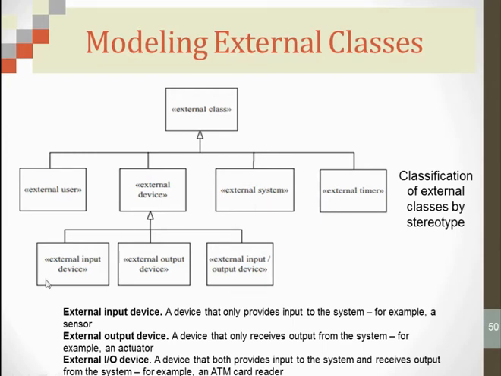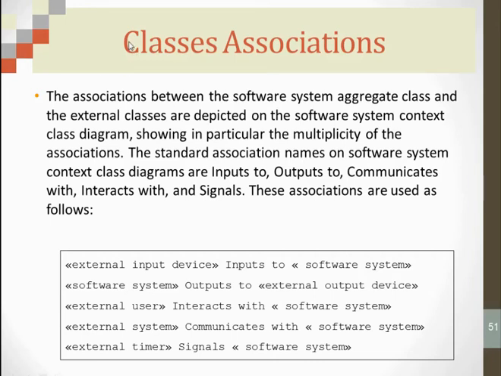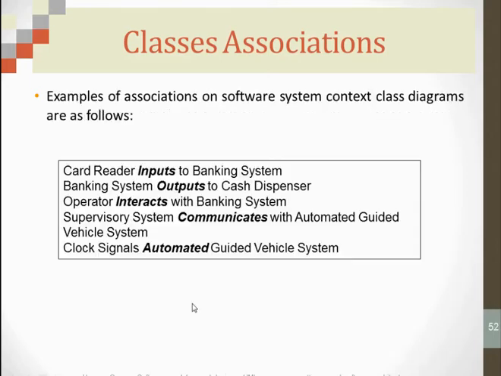The external device can be an external input device, an external output device, or an input and output device. Here is an example of each. As for the relations between these classes, it is normal: an external input device inputs to the system, while the system outputs to an external output device, and so on. Here is an example of how we write the relations between them.